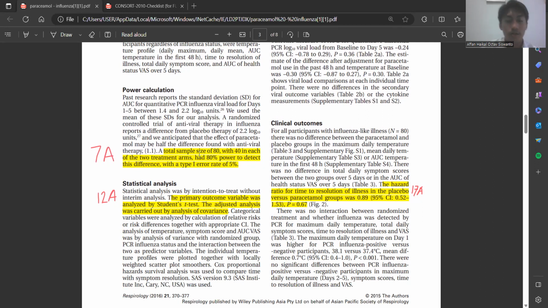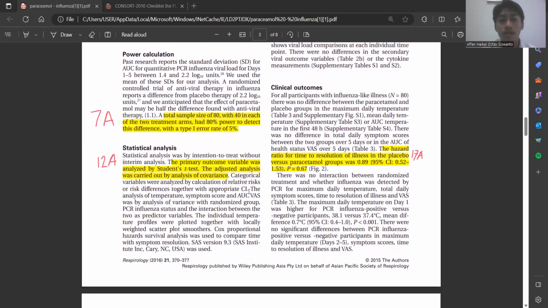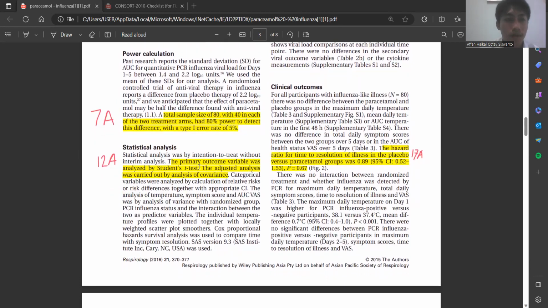In the article, we got that total sample size of 80 with 40 in each of the two treatment arms had 80% power to detect this difference with a type one error rate of 5%. So the next item is item 12A.